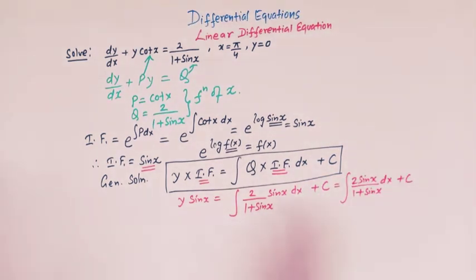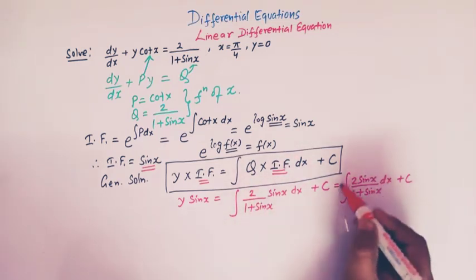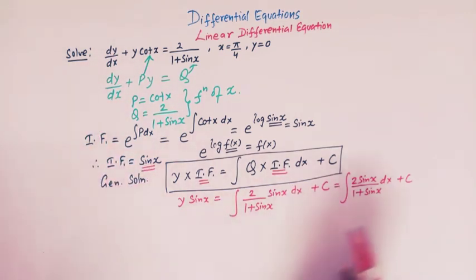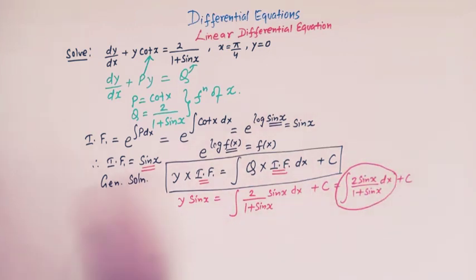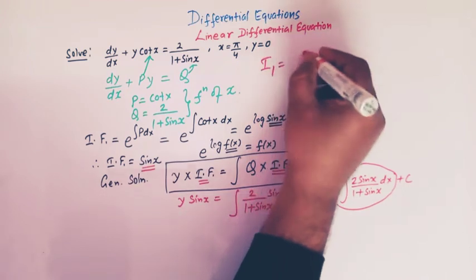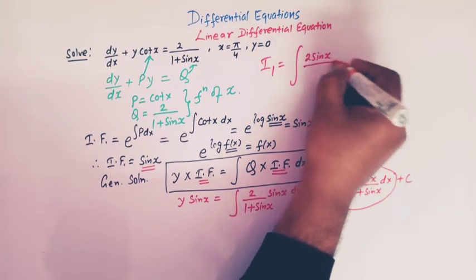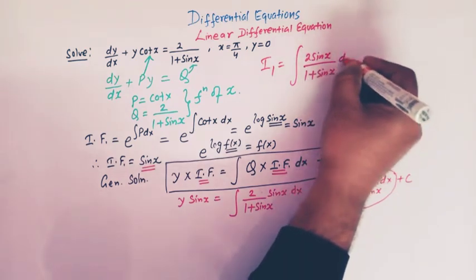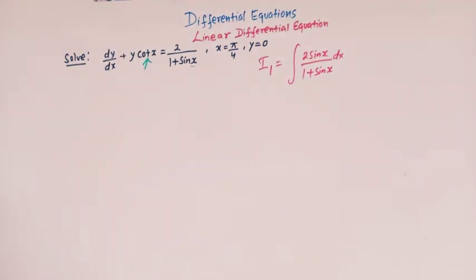Now viewers, in order to obtain the general solution of this differential equation, we have to solve this integral. Let us call this integral I1, and I1 is given by integral of 2 sin x over 1 plus sin x dx.